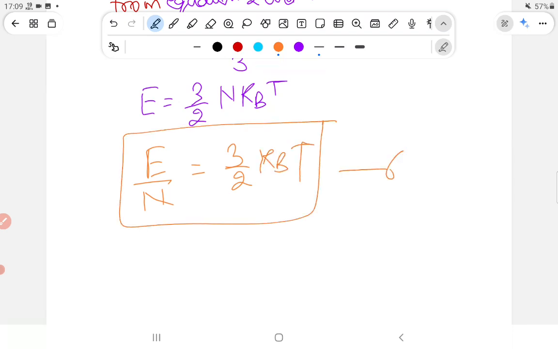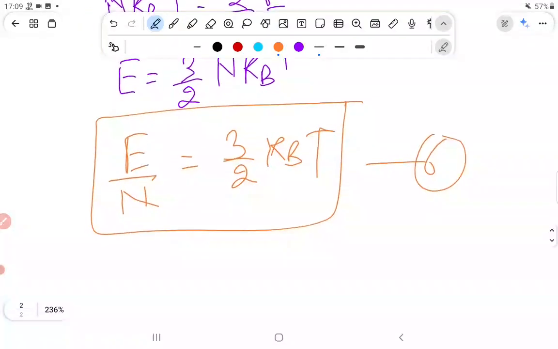Let me write here, it is equation 6. Equation 5 we have already mentioned, so I write here it is the average kinetic energy of one molecule.